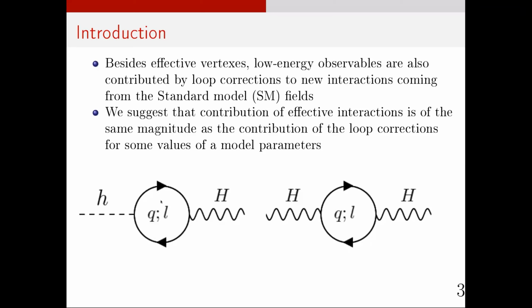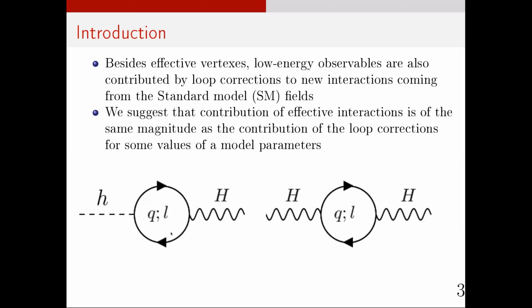In this model, we would have the diagrams shown here. In the next to leading order of perturbative calculations of, for example, matrix elements of scattering processes, we would have contributions of these diagrams.